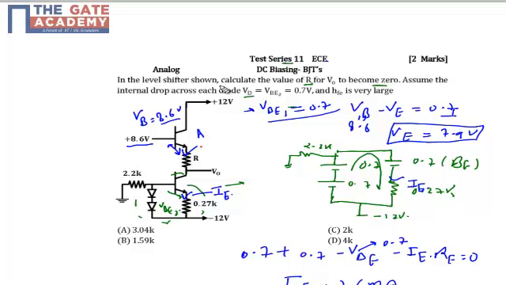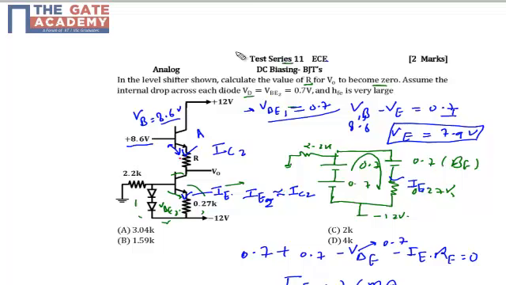The current across this terminal is IC2, the collector current of the second transistor, because this resistance R is connected to the collector terminal of the second transistor. Because hFE is very high, the emitter current of the second transistor is equal to the collector current, and we know that current always flows from high potential to lower potential.